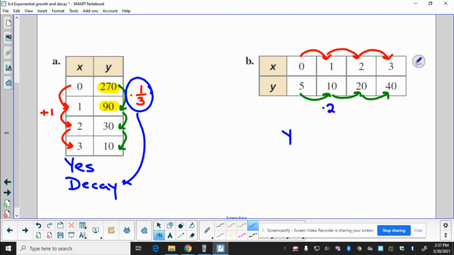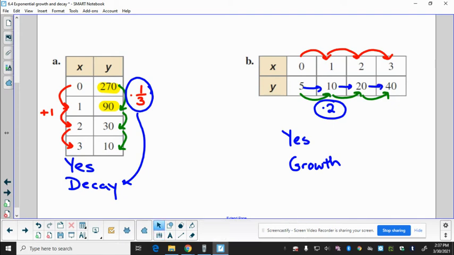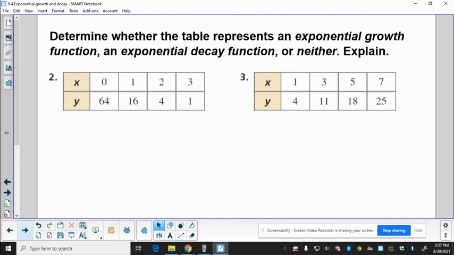So this is, yes, exponential growth, because that pattern works. Keep multiplying by 2. That's plain to see. And since this number is bigger than 1, this is growth. And you can see that these y values are getting larger, aren't they? That's exponential growth. Let's go to the next table.